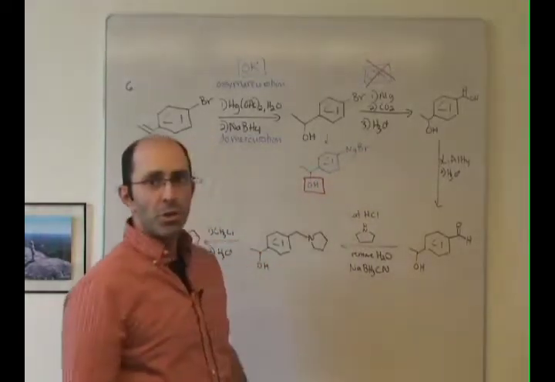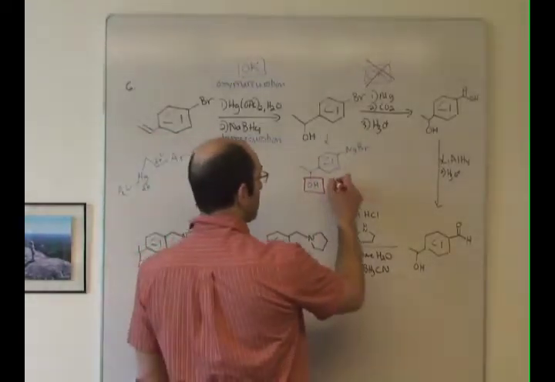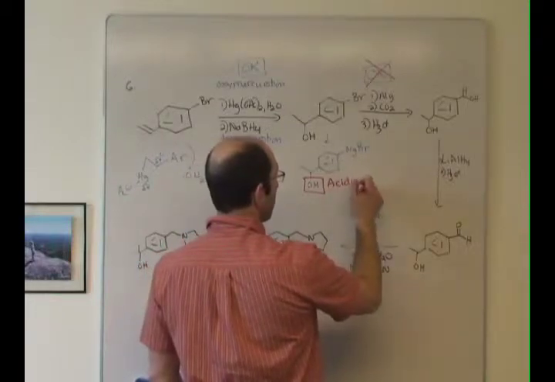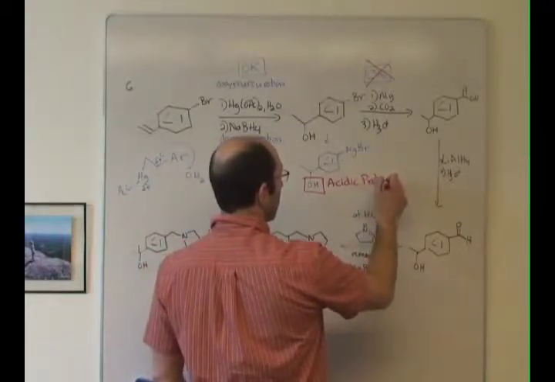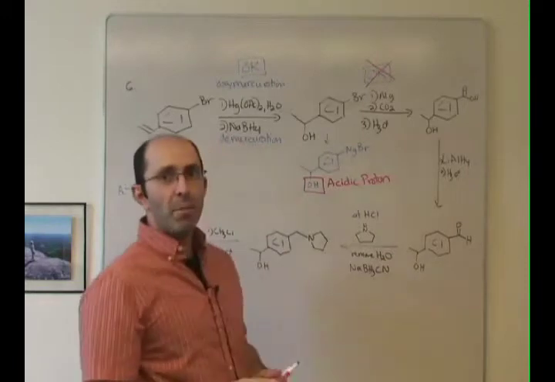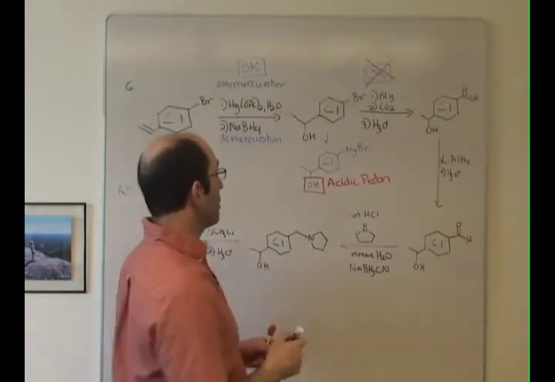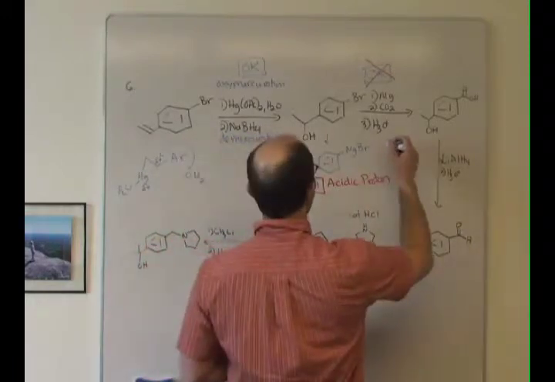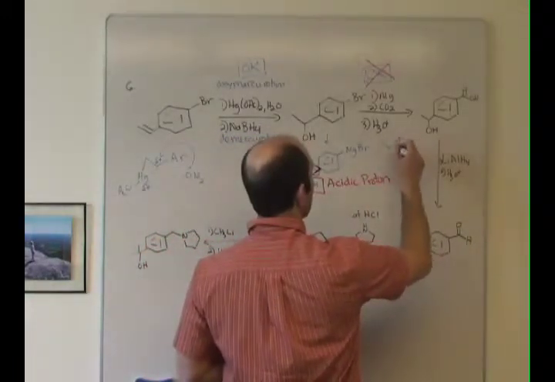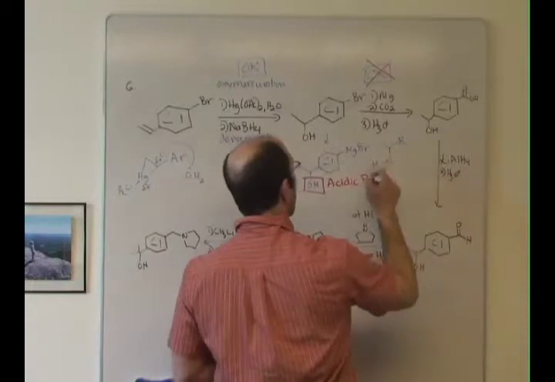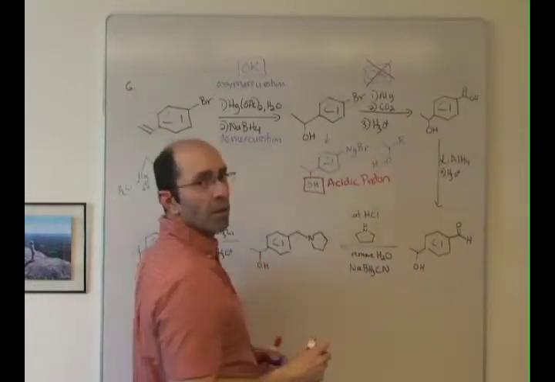We have an OH, right? And as we've mentioned several times, this is an acidic proton, right? And what's going to happen in this reaction is that we're going to form the Grignard reagent. That's not the problem. Right? But then we're going to have another molecule of the starting material.